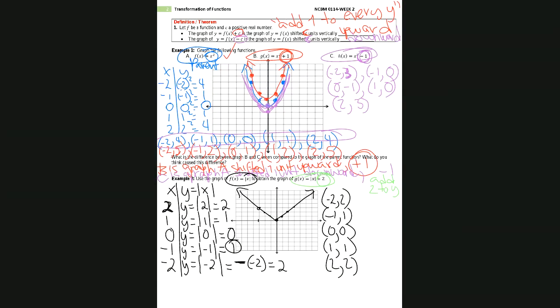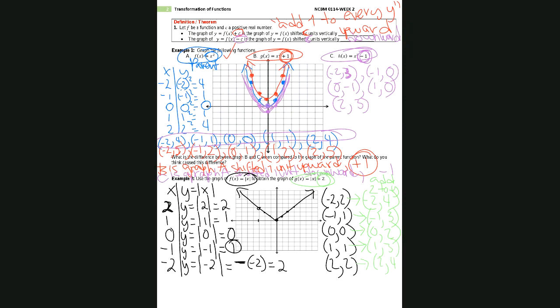So this point now is going to be negative 2, comma 4. This one is going to be negative 1, comma 3. We're going to have 0, comma 2. And we're going to have 1, comma 3. And here we'll have 2, comma 4.